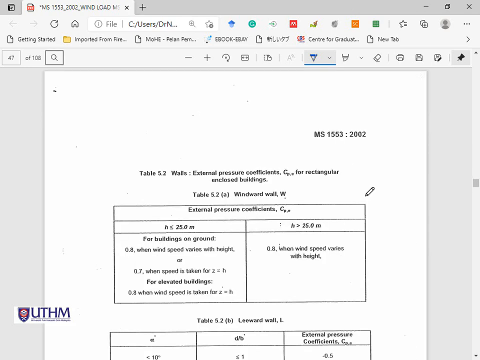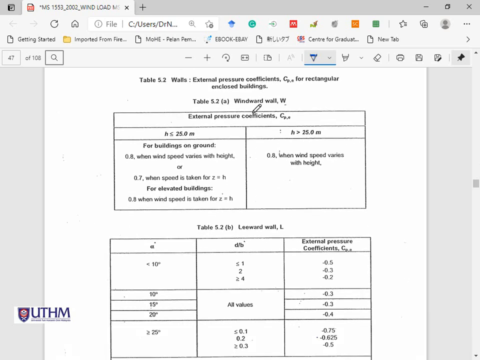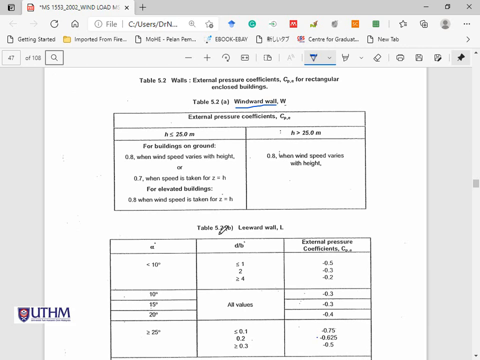So this is the external pressure coefficient CPE for a rectangular enclosed building. This is table 5.2a. Table 5.2a is for the windward wall, and 5.2b is for the leeward wall. If you still remember, what is the windward and what is the leeward wall?